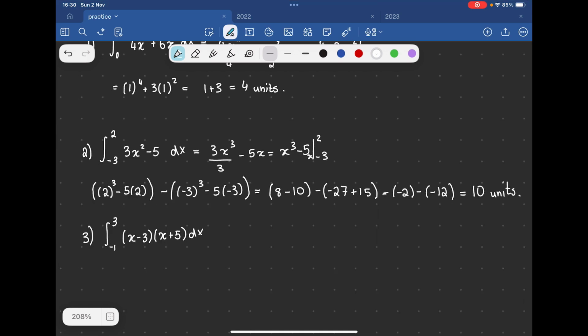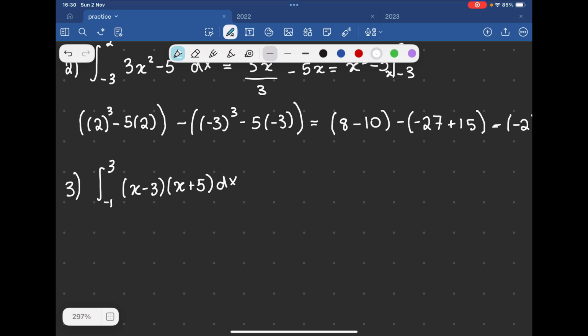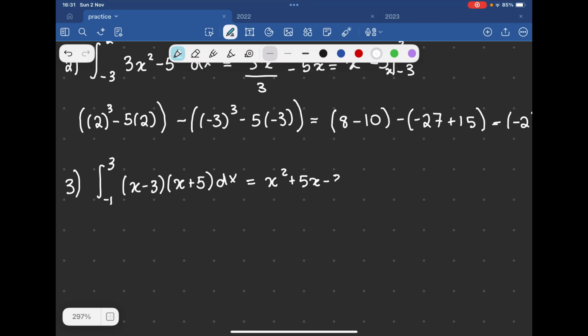Now we're going to work through our final integral problem here before we move on to the 2023 exam paper. So here it looks a lot different because we actually have to do some algebraic multiplication. So if we do that, we are going to first expand the brackets, and that's going to give us x squared plus 5x plus 2x squared plus 5x minus 3x minus 15.